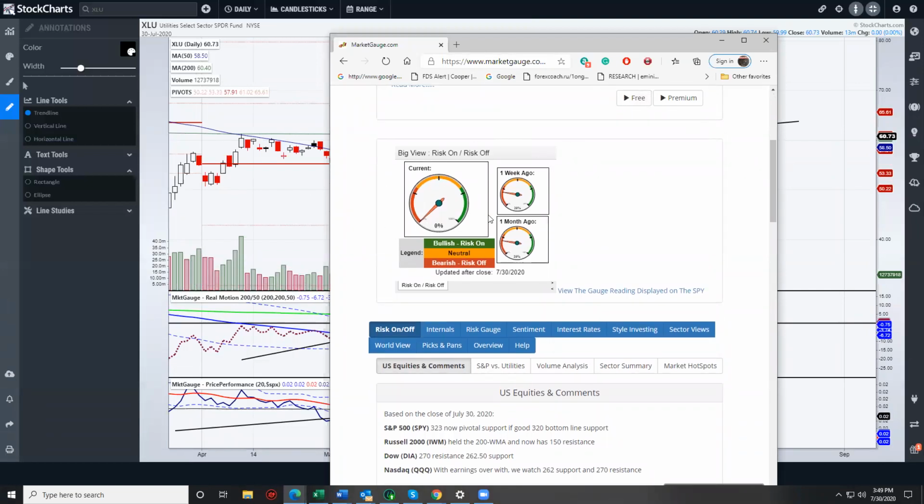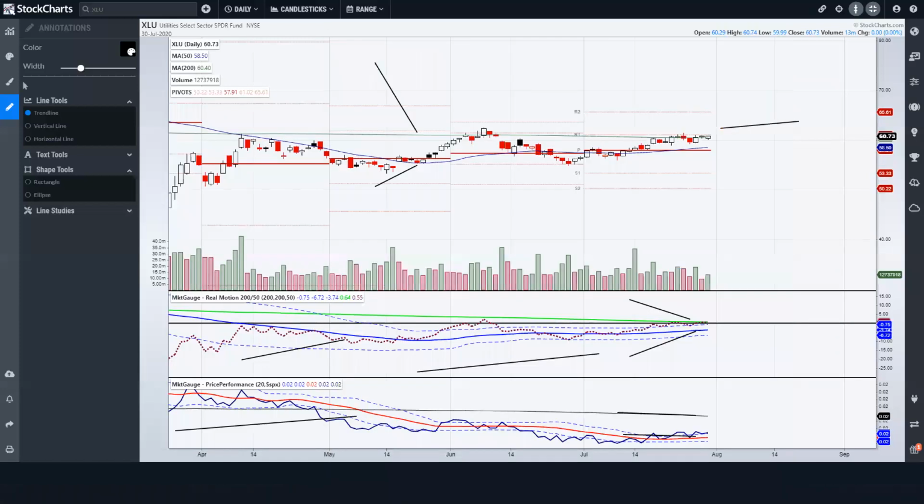Here you can see the Risk Gauge looks at five key intermarket relationships, and we're going to look at a couple of them today. The first one we're going to look at is XLU, the utility ETF, and we're looking at it compared to the S&P.